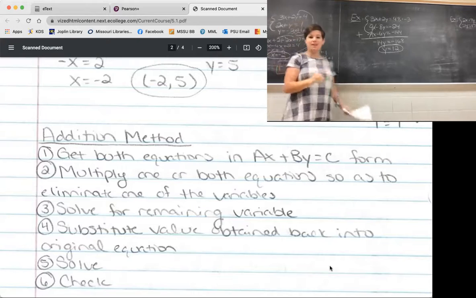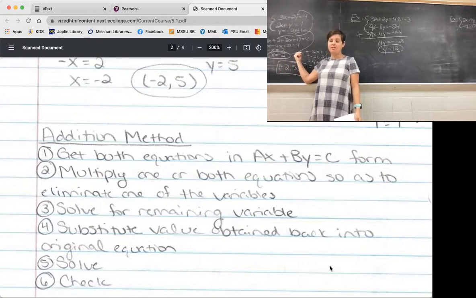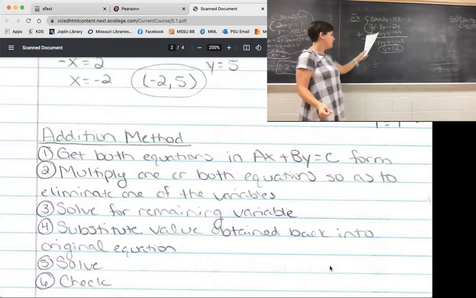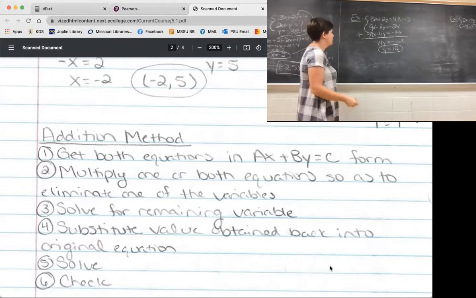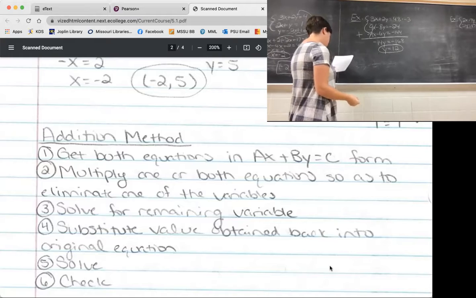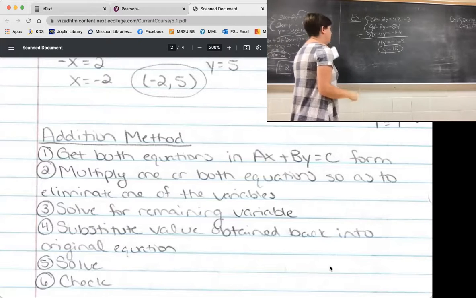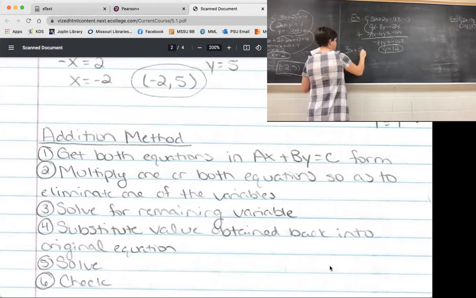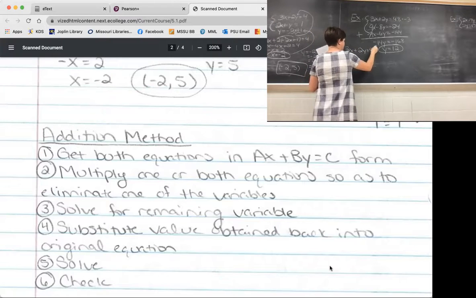From this point on, it's exactly like the substitution method. I got a value for my y, so I'm going to plug that into one of my equations up top. It doesn't matter which one. I'm going to plug it into the first one. So I have 3x plus 2y equals 48.